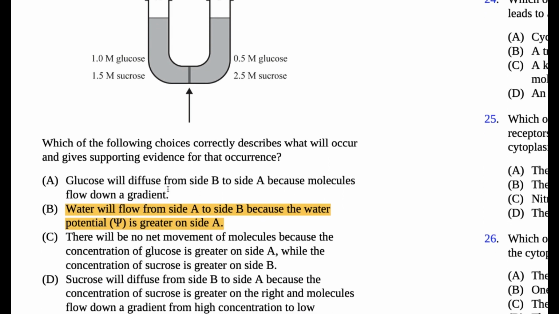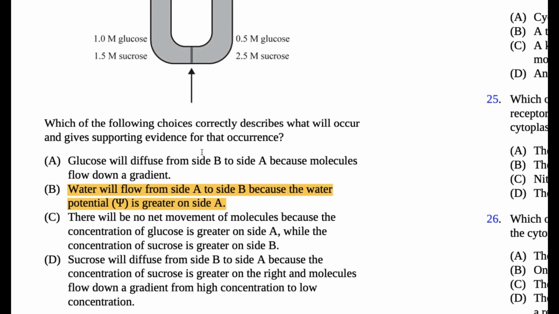Glucose will diffuse from side B to side A because molecules flow down a gradient. It's not true, because actually in side B, you see that there is less glucose, right? It's not going to be down the gradient. There will be no net movement because the concentration of glucose is greater on side A, because glucose is greater on side B. But it's not true because it's not greater by the same amount.